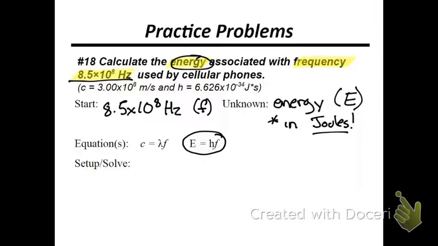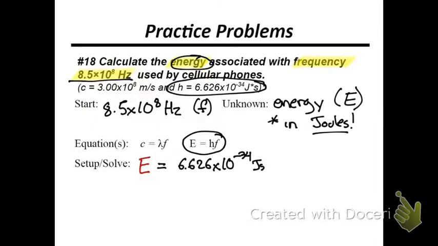Now we're going to go ahead and plug in what we know. We don't know E, but we do know Planck's constant. That's 6.626 times 10 to the negative 34th joule seconds times the frequency given to us, 8.5 times 10 to the 8th hertz.